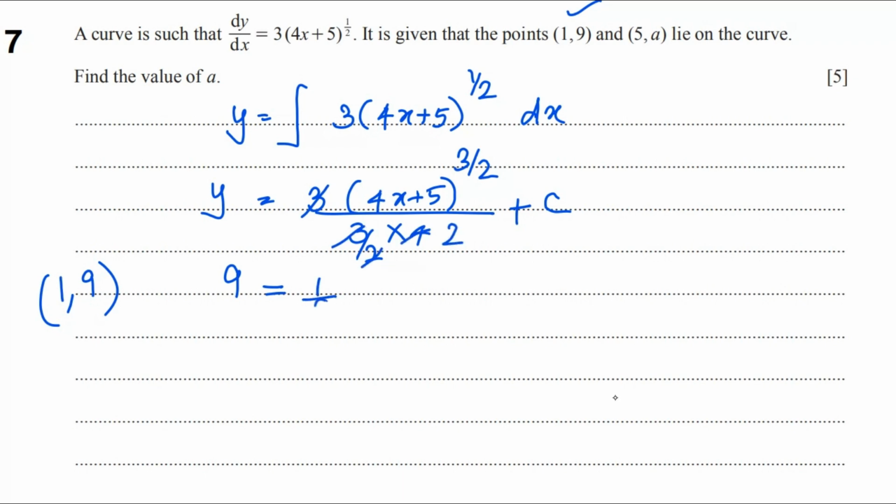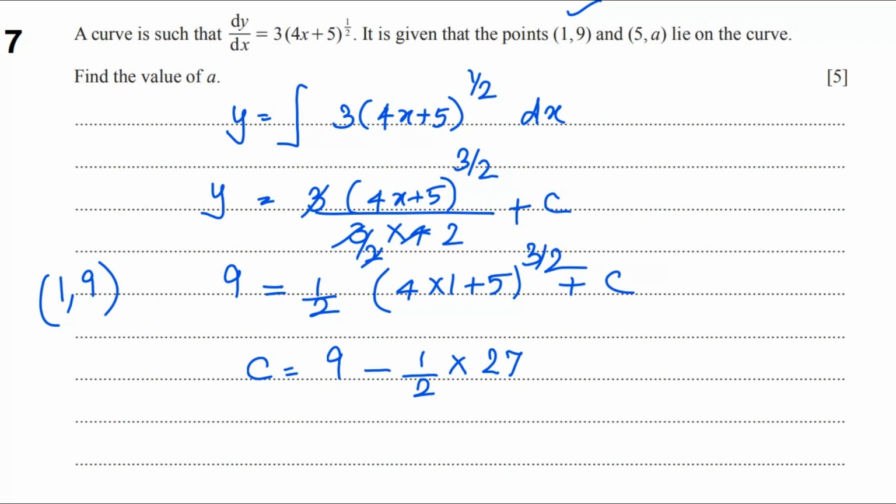So 1 over 2 multiplied by (4 times 1 plus 5) the whole power 3 over 2 plus c. c is equal to 9 minus 1 over 2 multiplied by 4 times 1 is 4 plus 5 is 9. 9 power 3 over 2 will be 27.